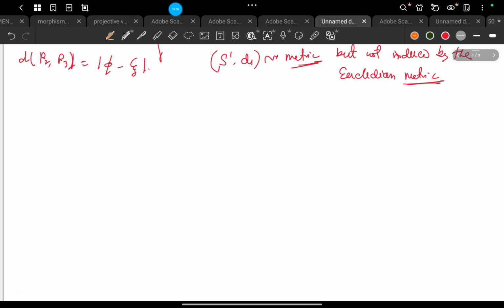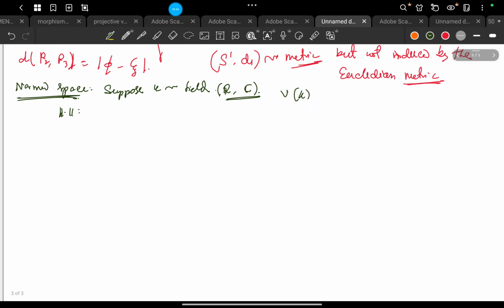now we have already introduced the notion of norm space. So what about the norm space? Suppose K be a field, and maybe we can say the field is the set of real numbers or the set of complex numbers, whatever we are comfortable with. So then we define the norm.